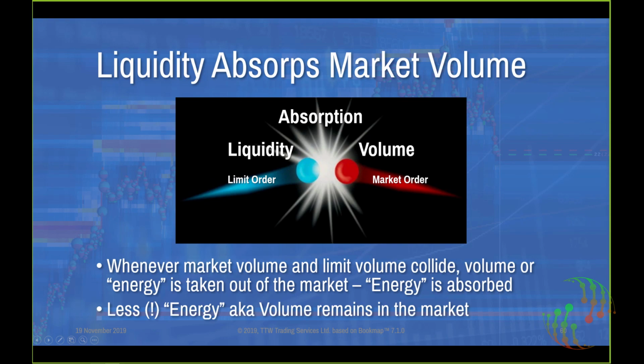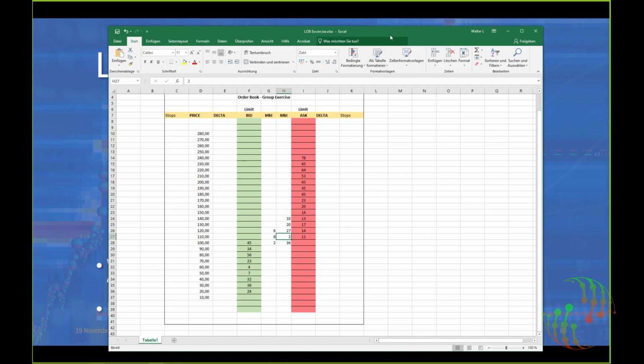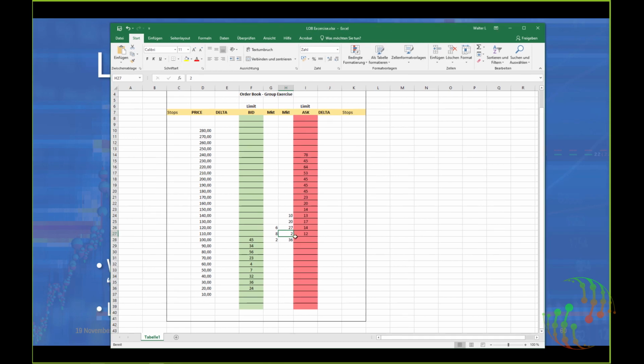Let's go back to our example. Excel. Look here. When we get given that this is traded, you see that we have liquidity here and 45 contracts hit the bid here. That means these people are done and the market is trading here at the 90.